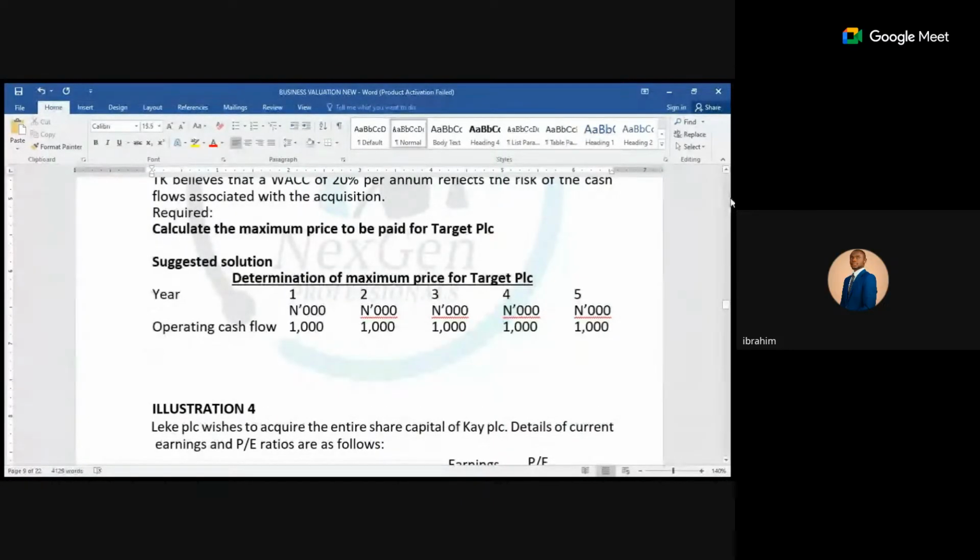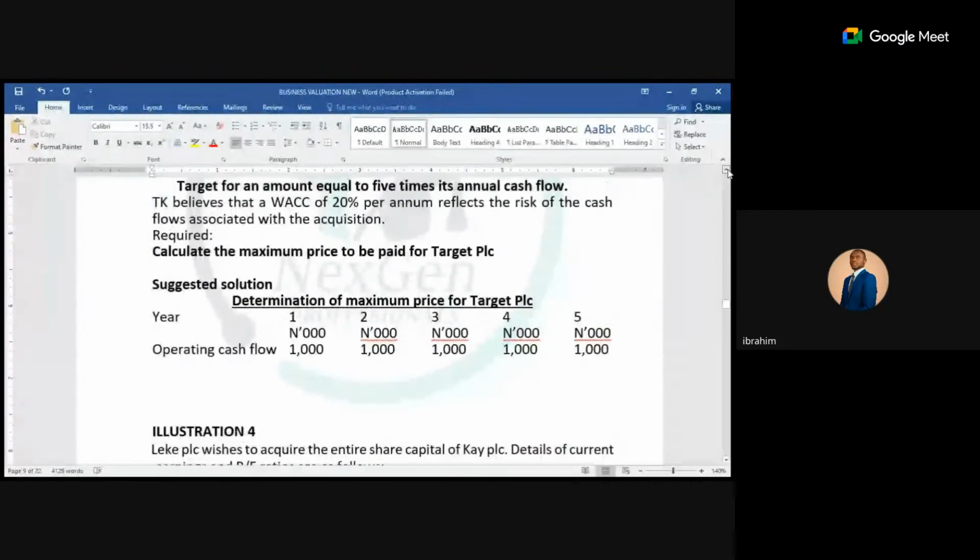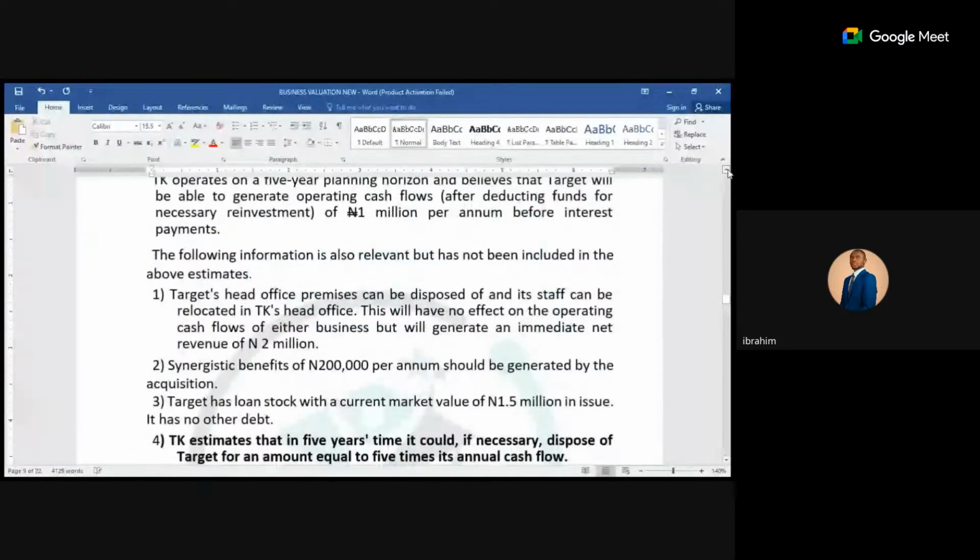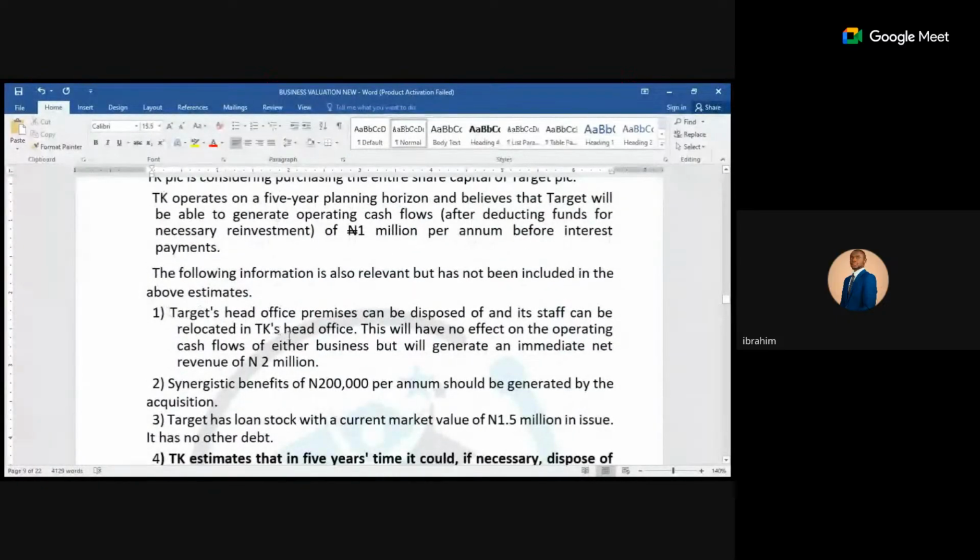So what other cash flows do we have, class? On my figure 1, right? Sales of disposal.